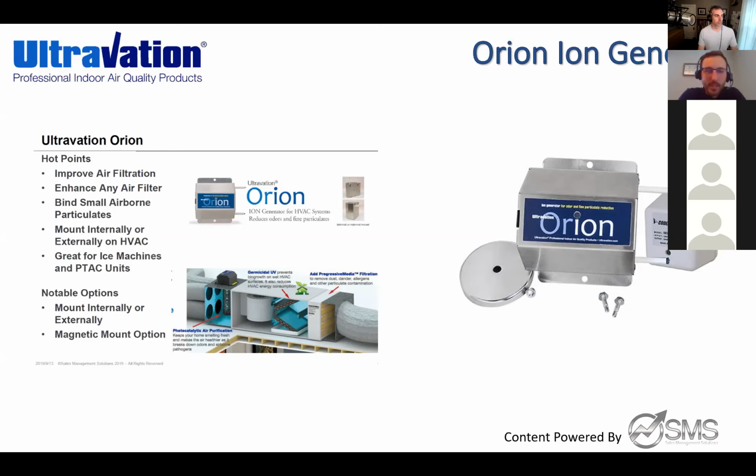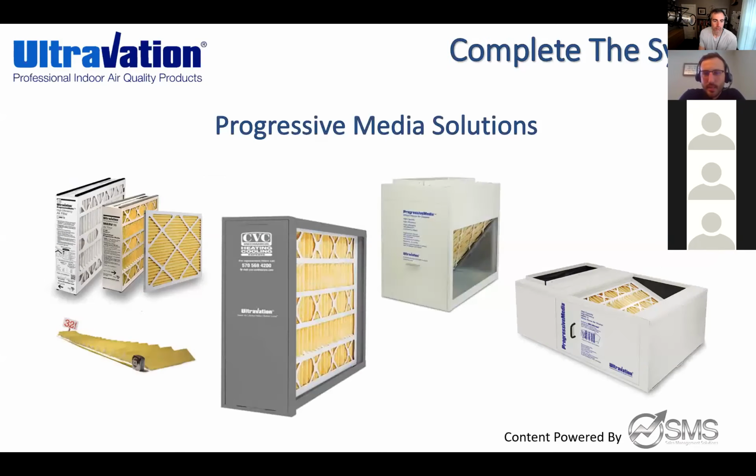So something like this does mount internally or externally. It does have the magnetic mount option as well. And you can use that for PTAC units as well. So if you're in hotels, places like that, you can use them for those types of scenarios. Ice machines, we do have other UV lights for ice machines as well. Any questions on those?